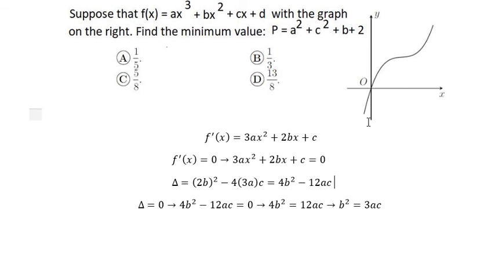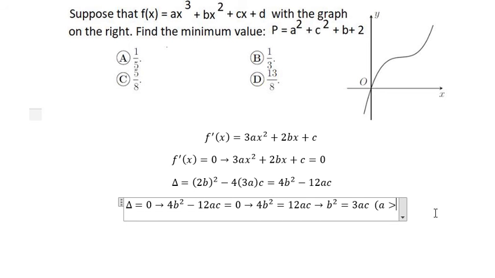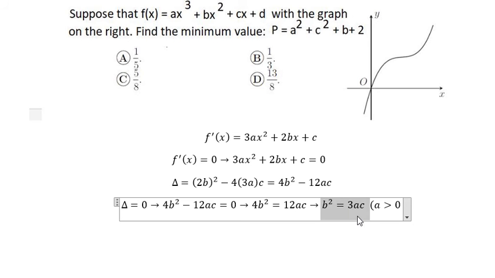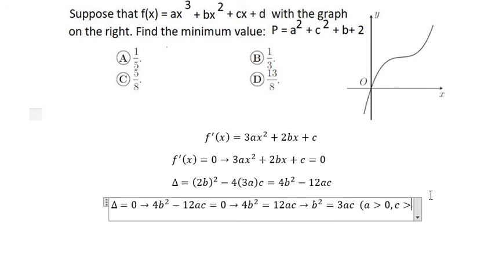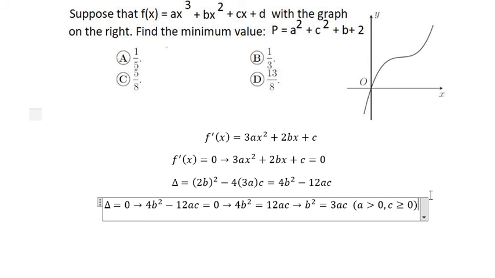As you can see, a is the coefficient of the highest degree of the function. The graph is just going up. It means a should be positive. For this to be valid, because we know that b squared is always positive, c should be greater than or equal to number 0.